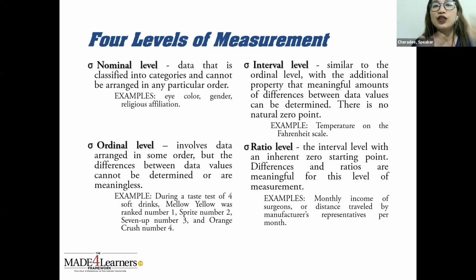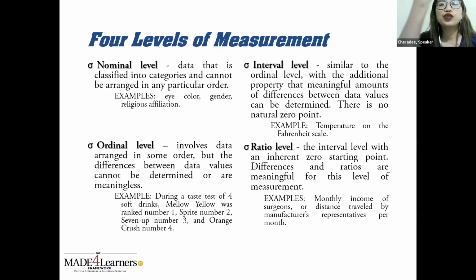Meaning to say, there is actually no comparison among the categories. It's just purely categories. You also don't say that Muslims are greater than Catholics or Catholics are greater than Muslims. So that is the nominal level. Purely categories. Clear? So that is the first level.